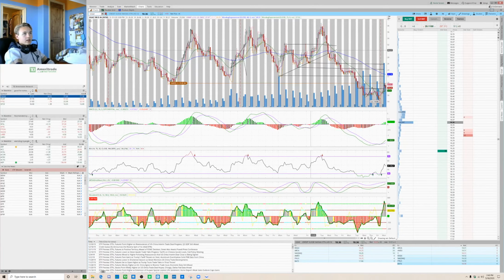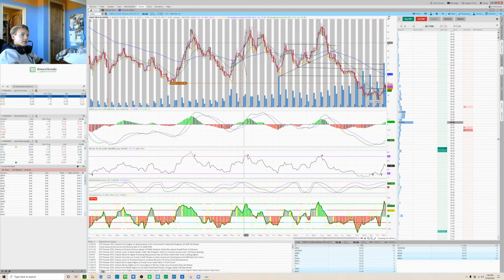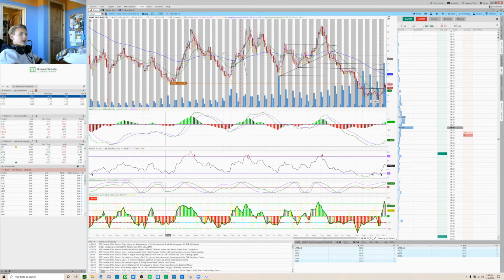So today we had a really big move. We broke above the EMA, just like this day. I'm trying to find a day that it did pretty much the same thing. Early, it was like 20% up, and then it crashed. And now, no, I don't see a day that's like this. I do not.